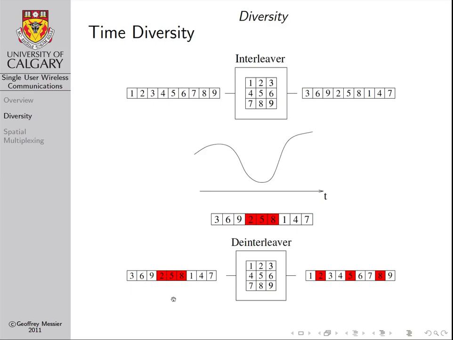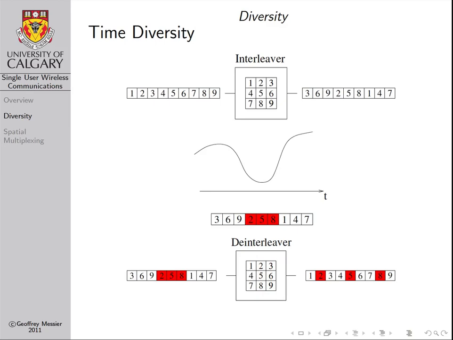So here we have our scrambled bits, with our 3 red bits that experienced the poor channel conditions. Where the interleaver read in the bits row by row, the deinterleaver reads them in column by column. So the first 3 bits are read into the first column.